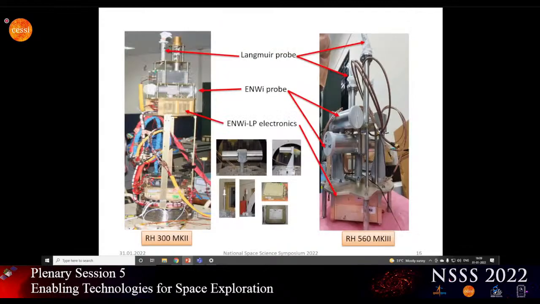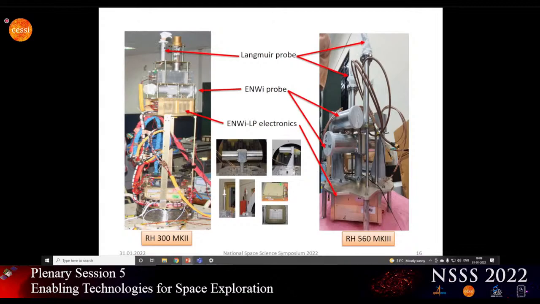So this picture is the integrated one for RS300 Mark II, wherein this is our Langmuir probe, this is the NV probe, and this is the NV LP payload electronics. And the recent one with RS560, with 2 pairs of probes, was very nicely kept within the nose cone dimension of one NVLP.